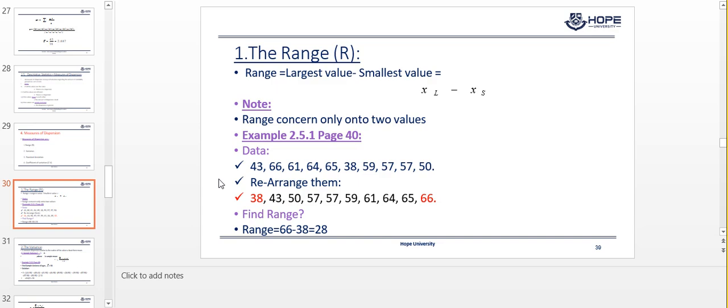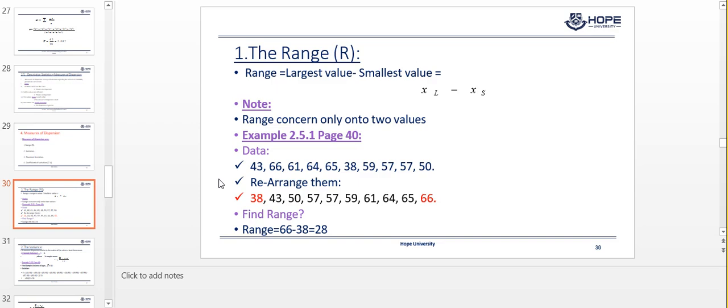We have ungrouped data of ages of different individuals, like above, so that we make a simplification to understand how range works. The first data is unarranged: 43, 63, 61, 64, 65, 38, 59, 57, 57. As a first step we rearrange, starting from the smallest number up to the highest.